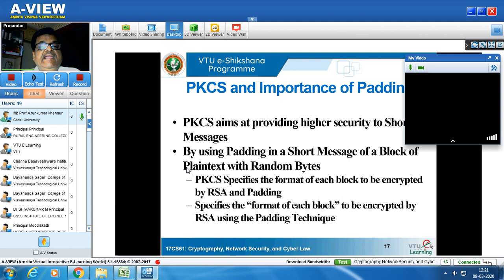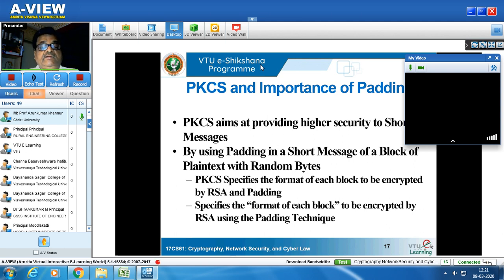PKCS aims at providing higher security to short messages by using padding in a short message of a block of plain text with the random bytes. PKCS specifies the format of each block to be encrypted by RSA and padding.